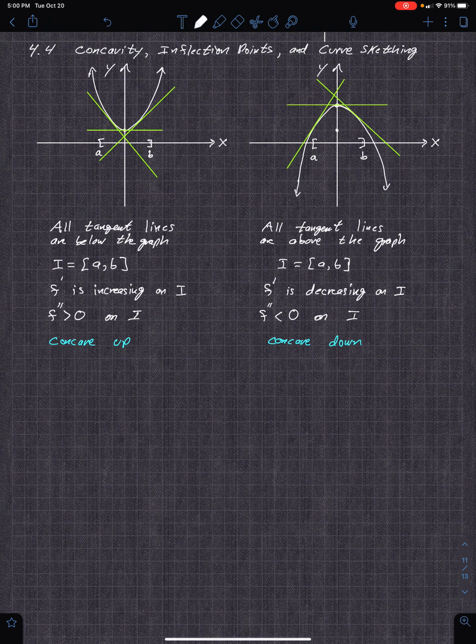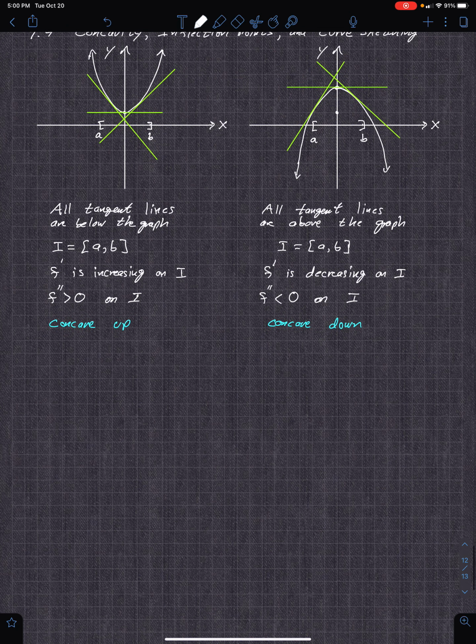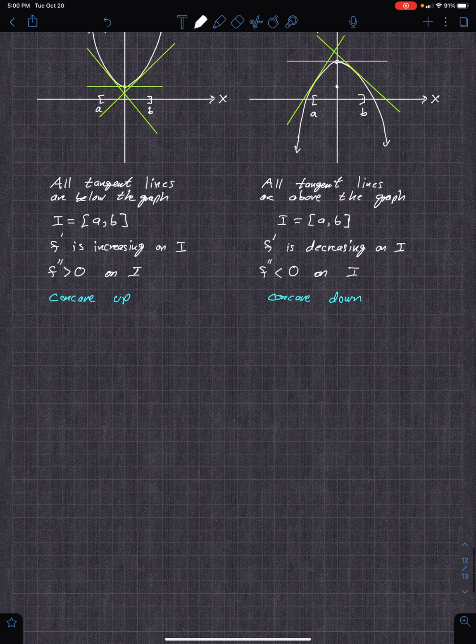Now let's define an inflection point. So this is less than and greater than. What about at zero? What's that called? I don't have a picture of that here, but I'll draw one in a second. The definition of an inflection point is when it changes concavity.